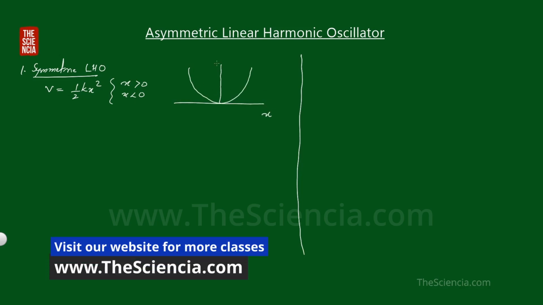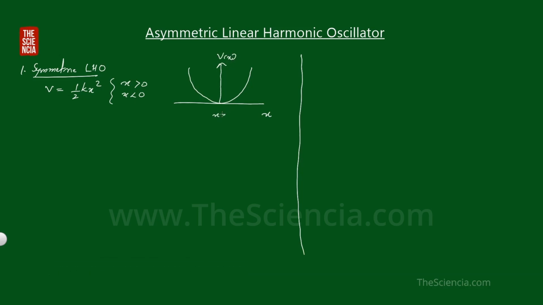This is x and this is V of x. In both regions, that is the negative x region and the positive x region, it has the same potential, V equal to half k x square.